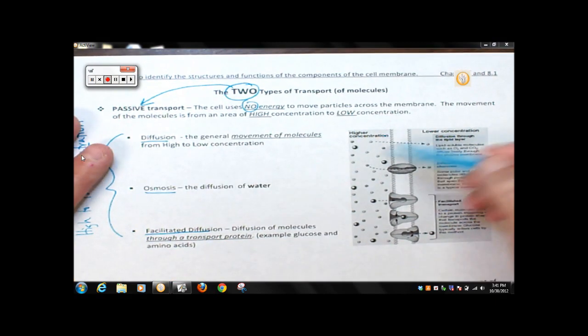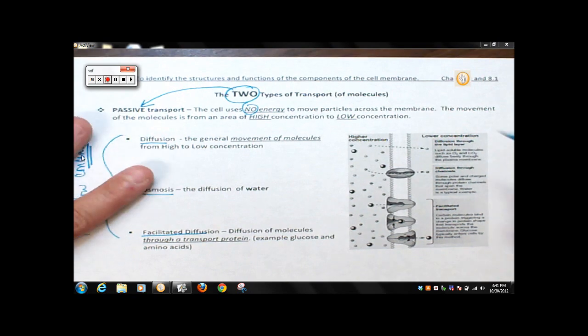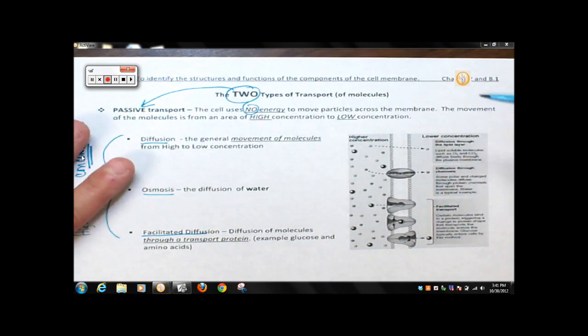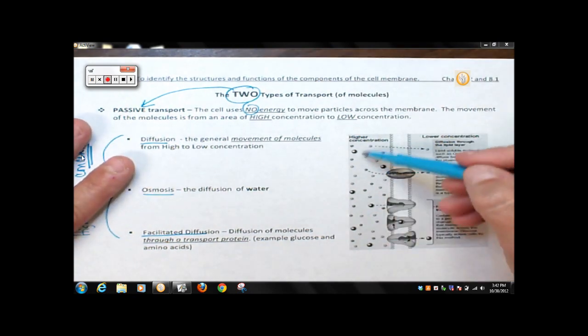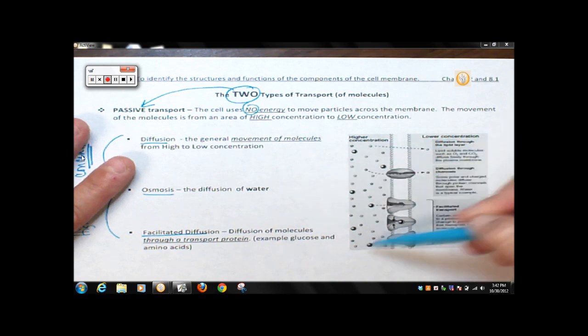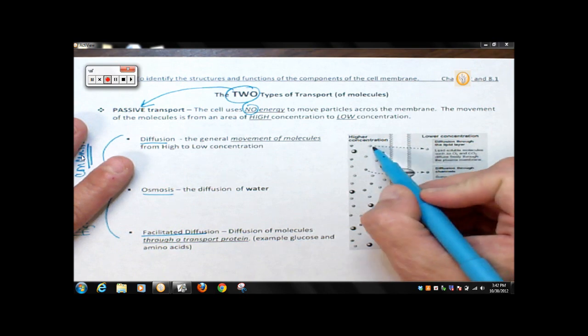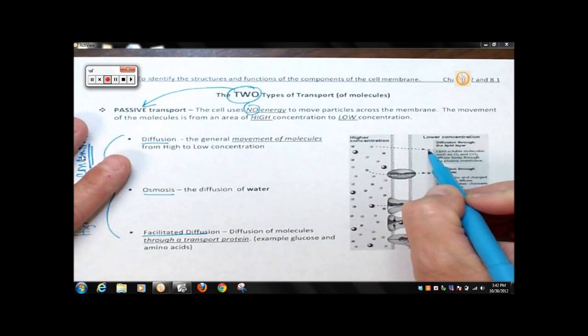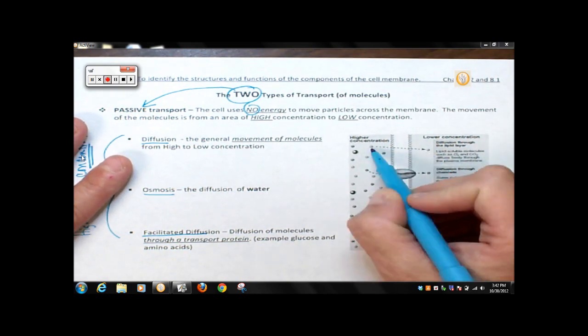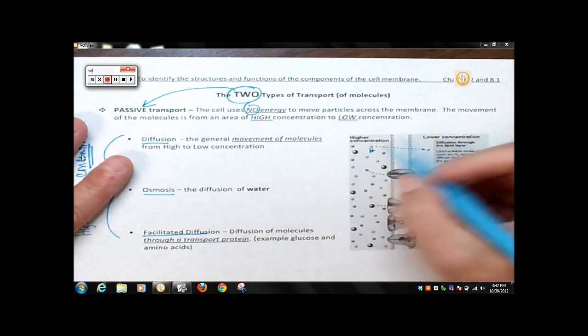And so there's a diagram over here that shows all those for those people like me that like pictures. In this situation, all of these molecules have a higher concentration here to a lower concentration here. And this molecule right here, you'll see it moving across the membrane from high to low, because there's a whole bunch of that color dot.